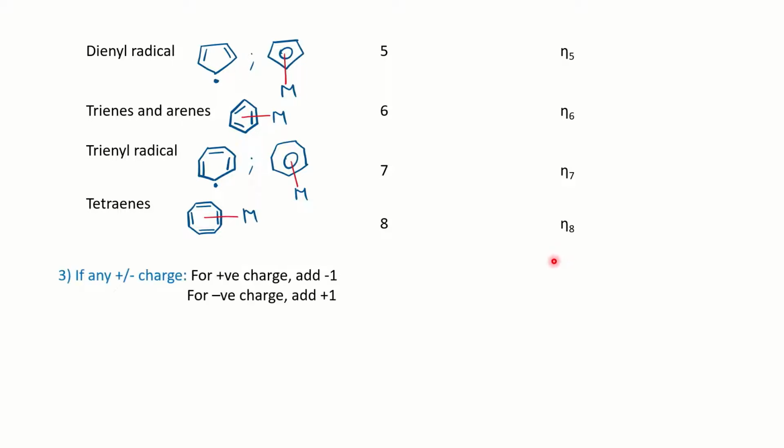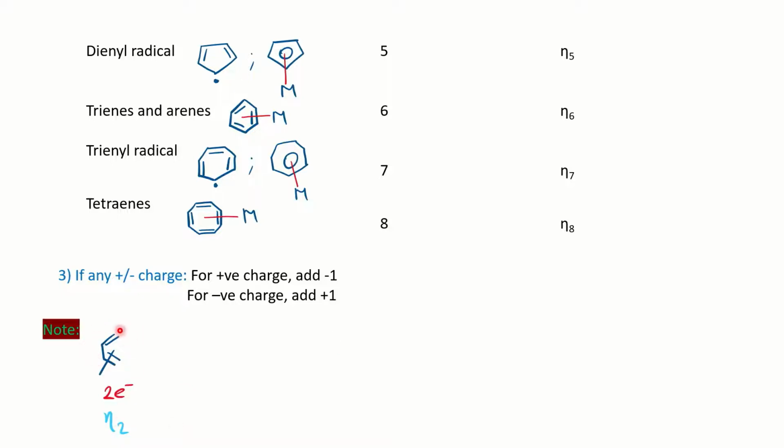So you can find out the hapticity and the number of electrons donated to the metal. The third step is, if any positive or negative charge is present on the complex, you have to subtract or add accordingly.